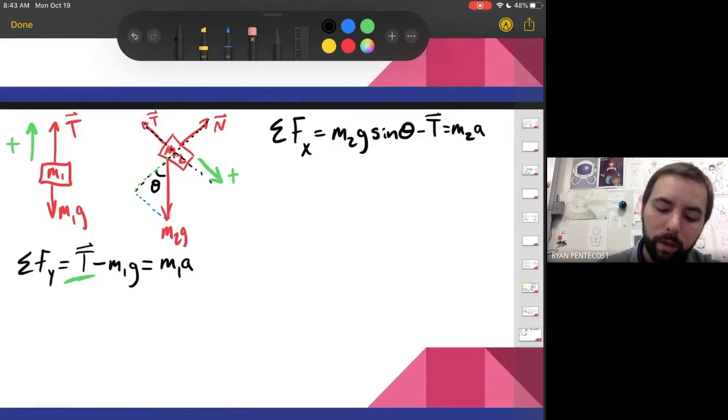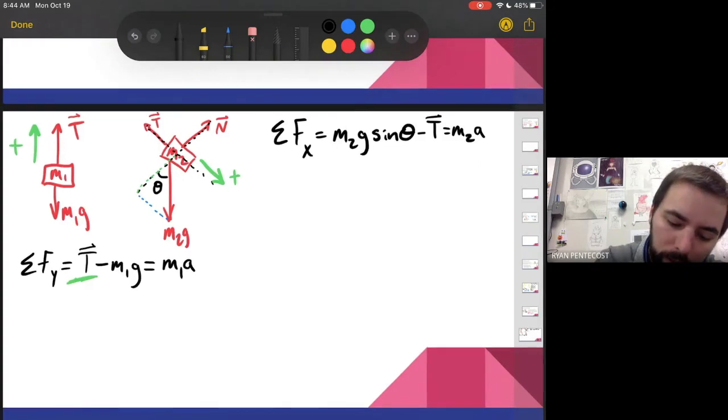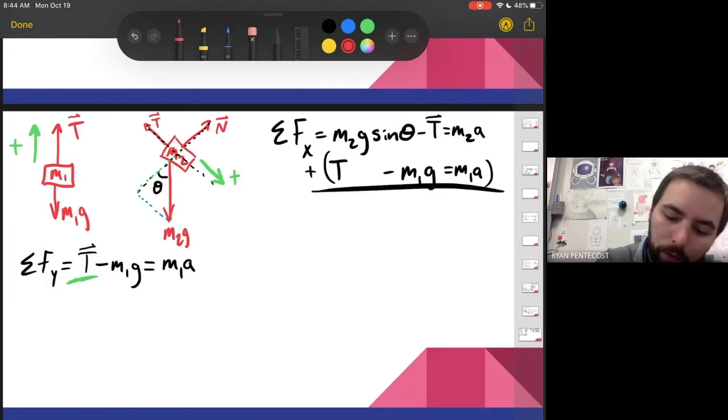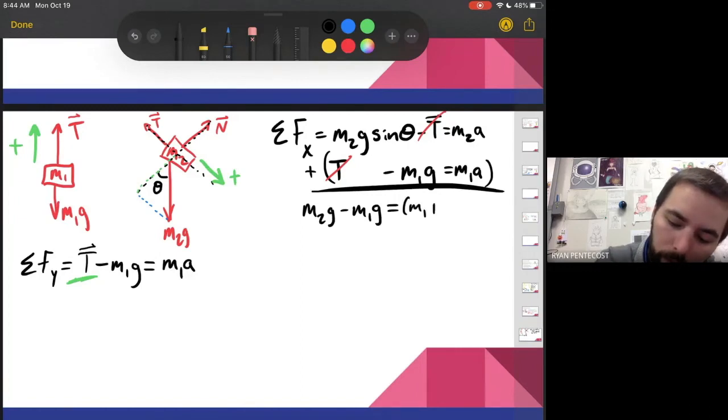What you can do is add the summations of forces. So if we take T minus M1G equals M1A, and we add these together, the tensions will cancel, and you would get M2G minus M1G equals M1 plus M2 all times A, right?